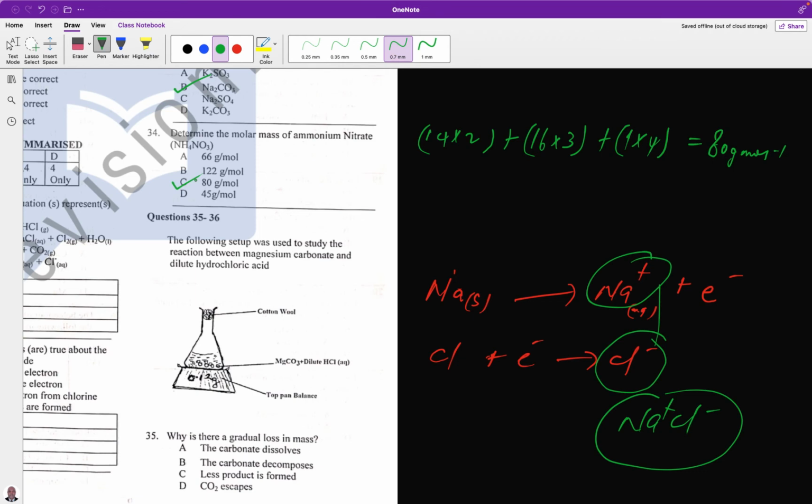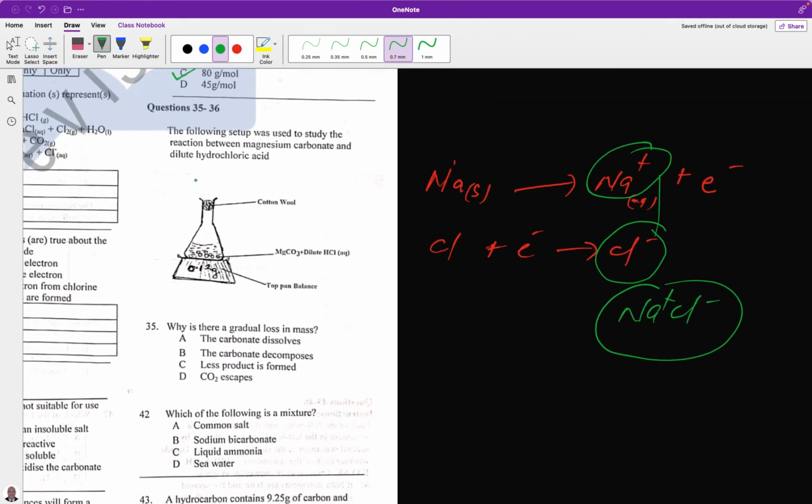34 is C. Now, the following setup was used to study the reaction between magnesium carbonate and dilute hydrochloric acid. We have the conical flask there with magnesium carbonate and dilute hydrochloric acid, on a balance, with cotton wool. The reaction is going on and gas is being produced.